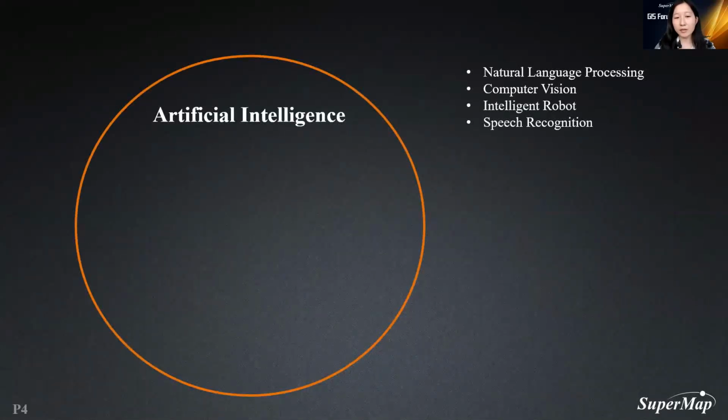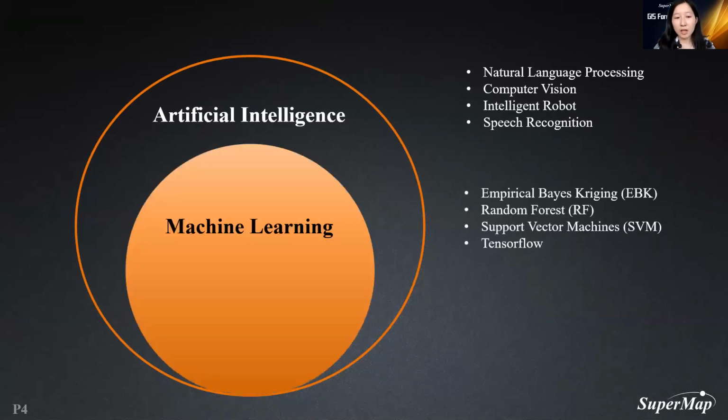As can be seen from this PowerPoint, AI includes a lot of content, such as natural language processing, computer vision, speech recognition, and so on. Machine learning is the technical core of AI at this stage and contains many algorithms such as EBK, RF, and SVM, and so on.